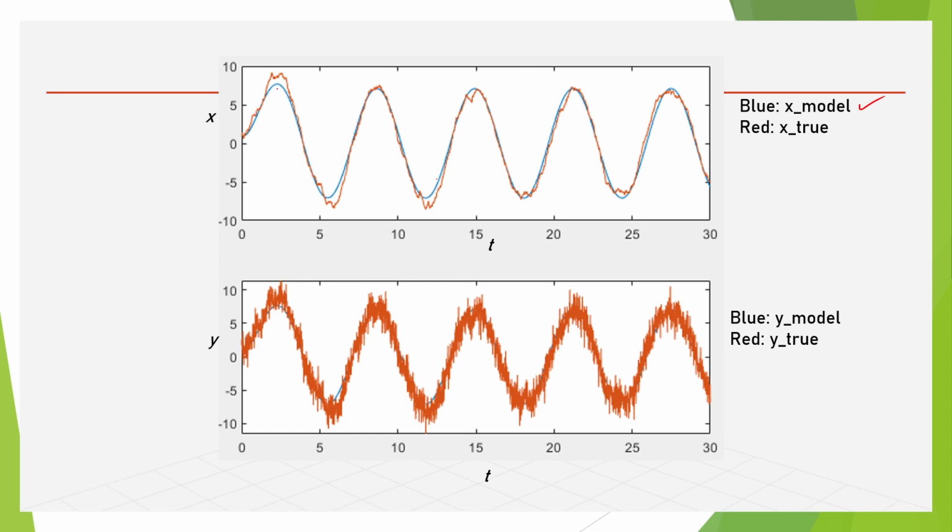And if we add noise to the dynamic equations and compute with the randomness of the noise, we get the trajectory of something like the orange color here. So the true and deterministic are not the same. For this system, they do not drift away from each other, but some systems will drift away from each other.